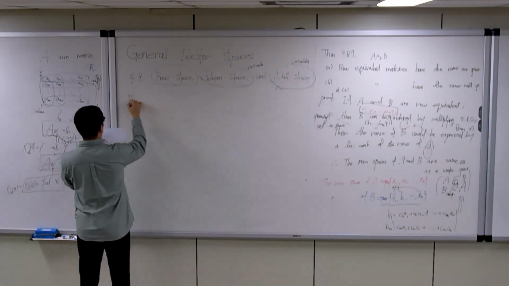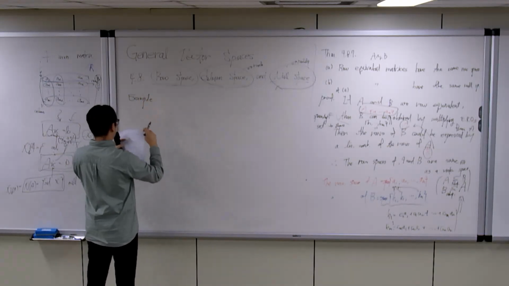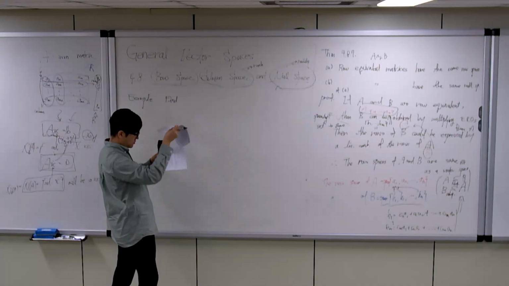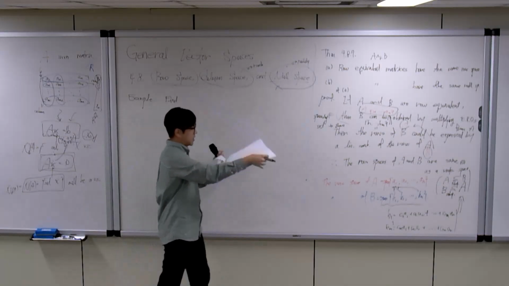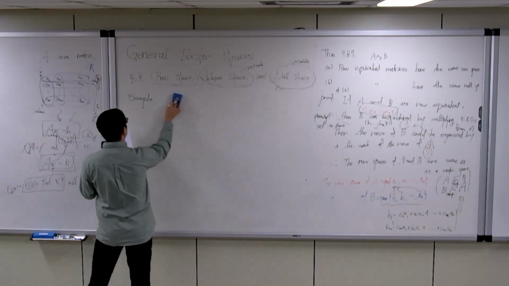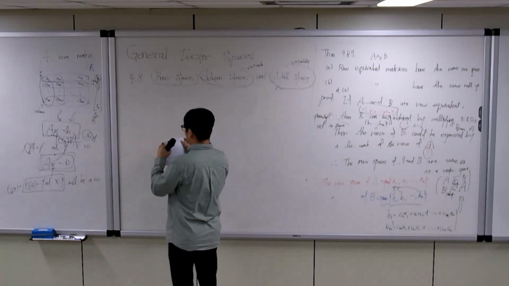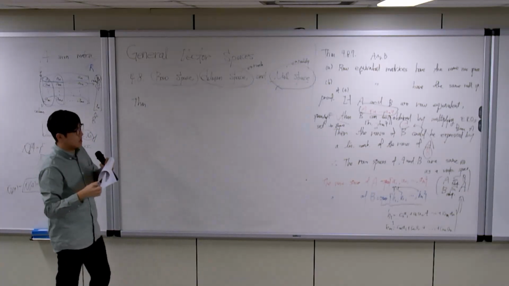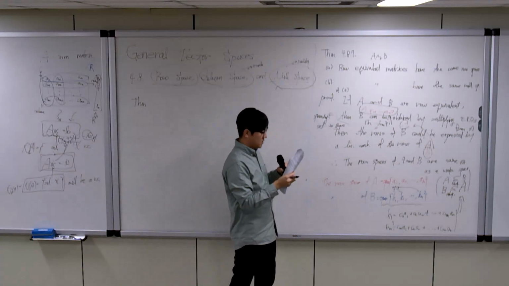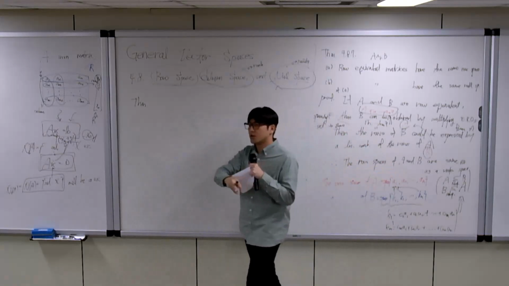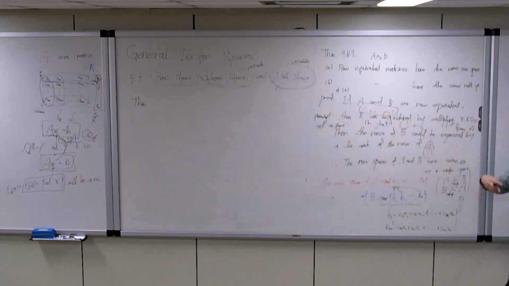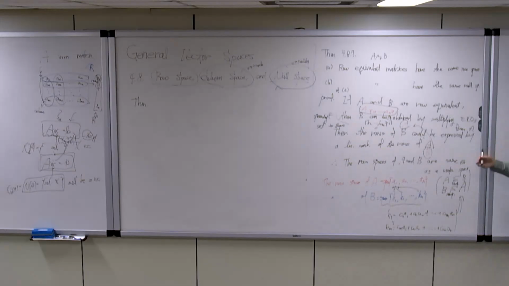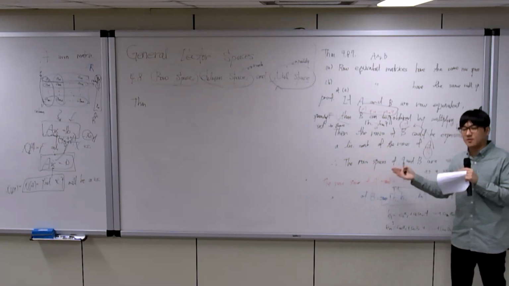So let's see an example. Theorem: by using this notation, we can think about expressing the matrix A in reduced echelon form, because it is a simple form of matrix.